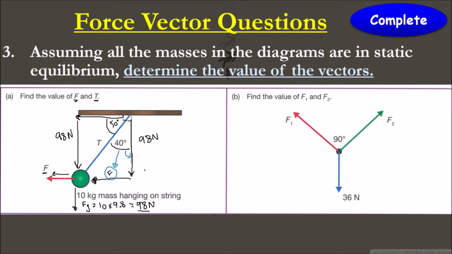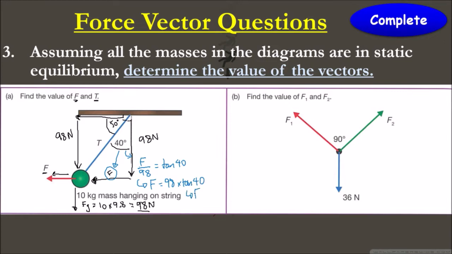So F over 98 equals tan 40 degrees, because it's the opposite side. So F is 98 multiplied by tan 40.